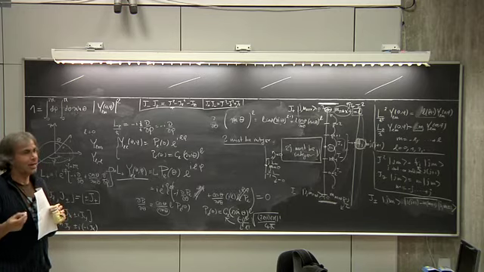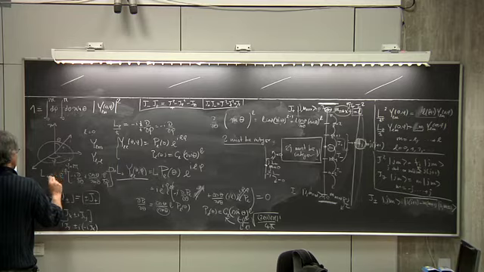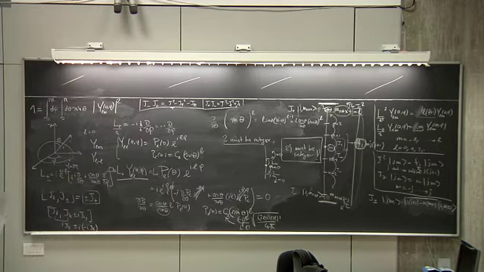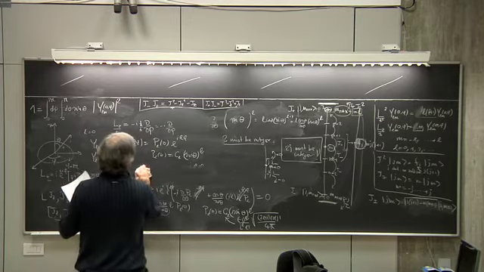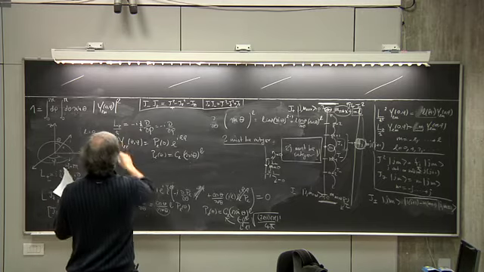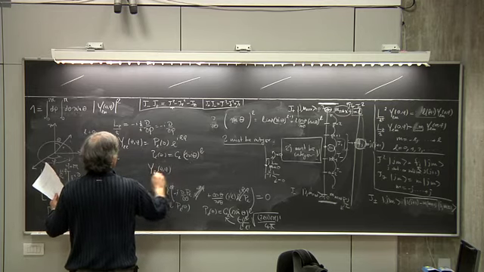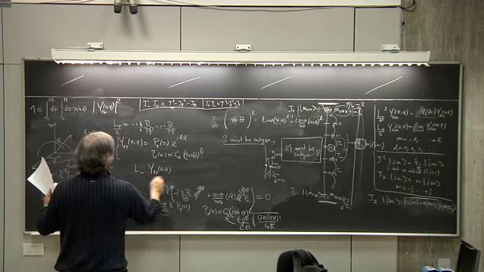L minus. Okay? So I know what L minus is. If I write L minus, I get this. I get the minus here. I get the plus here. And the rest is the same. Okay? So what I have to do is to take this state here, apply L minus, and what do I get?